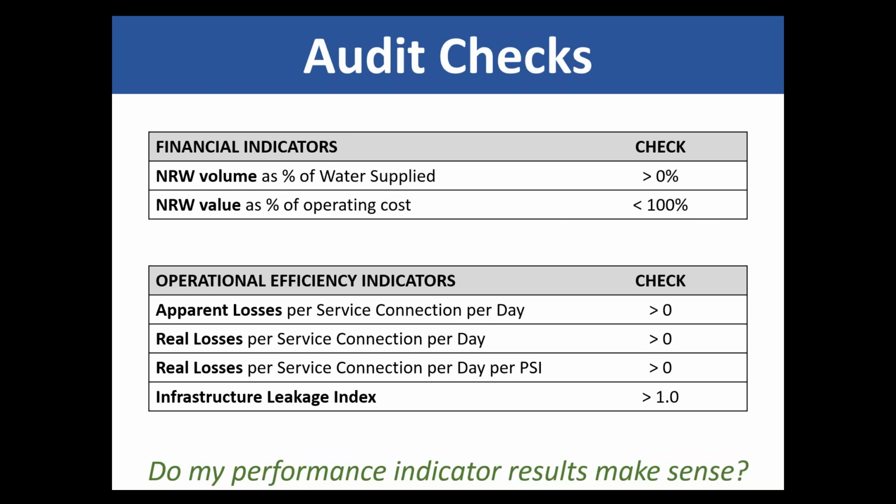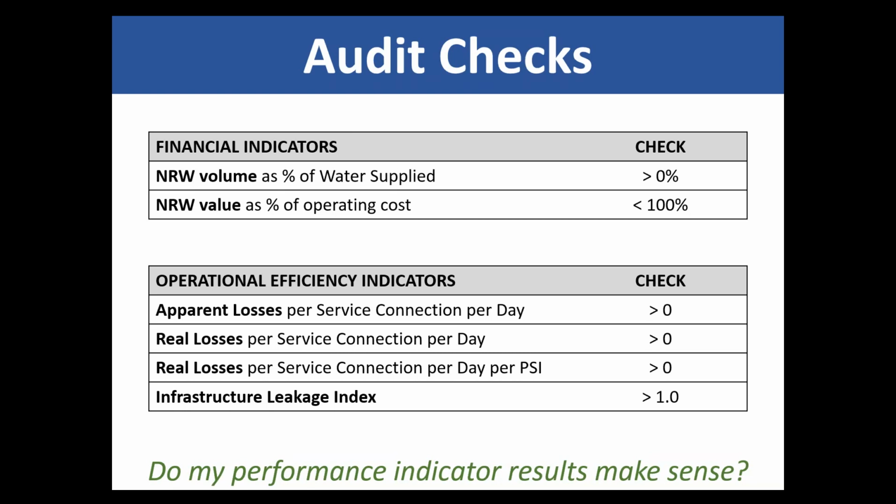I would love to meet that person who can produce water by distributing it. It would solve a lot of the world's problems, but can't be done, not yet. First principles of physics would suggest otherwise. So check that your volume of leakage is greater than 0. If it's not, some other balance of your inputs is off. Other things to consider, your infrastructure leakage index should be greater than 1, indicating you lost more than the technical minimum and not less than the technical minimum.